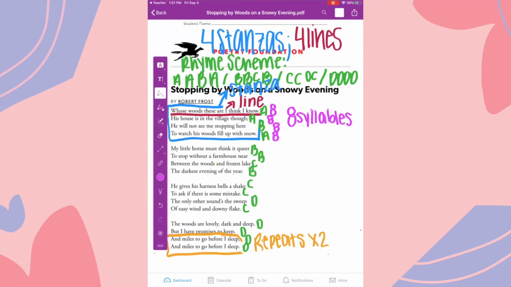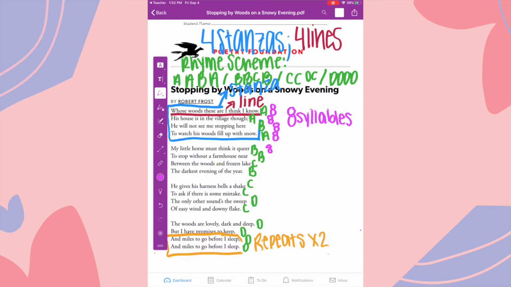So we are on stanza 2, line 1, and we are counting syllables. So please make sure that you are annotating your copy of "Stopping by Woods on a Snowy Evening" as you're watching this. So stanza 2, line 1. "My little horse must think it queer." This line has 8 syllables.